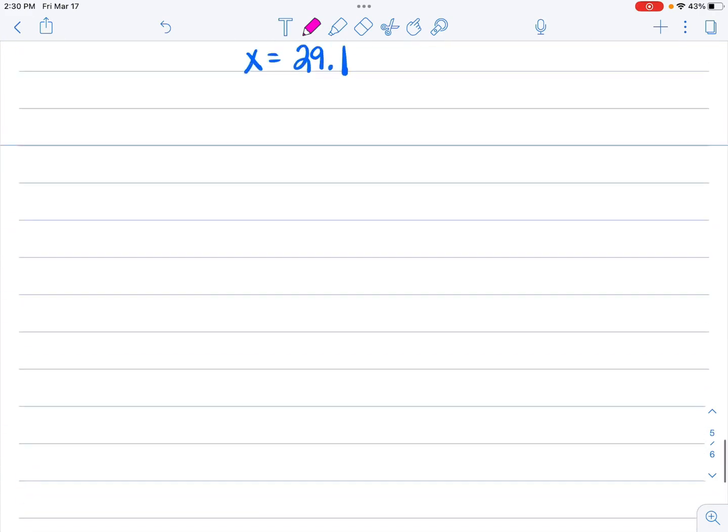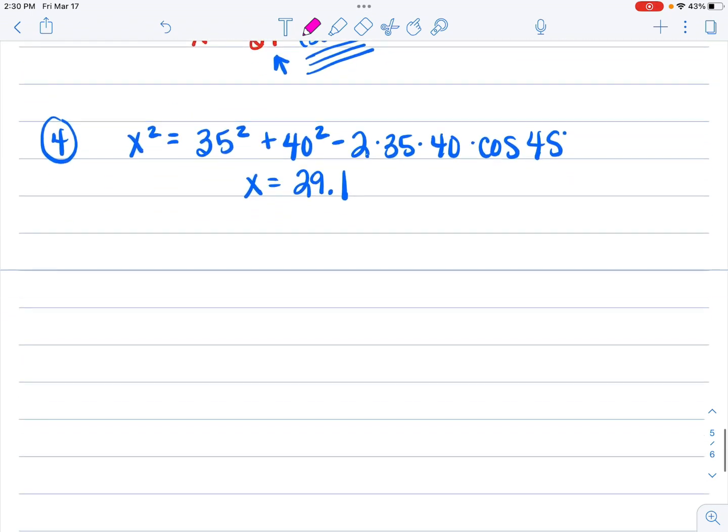So let me go back down one last time, using the law of sines to find angle y. So I'm going to have the sine of 45 over 29.1, the two that I know are now across from each other, and the sine of y over 40.